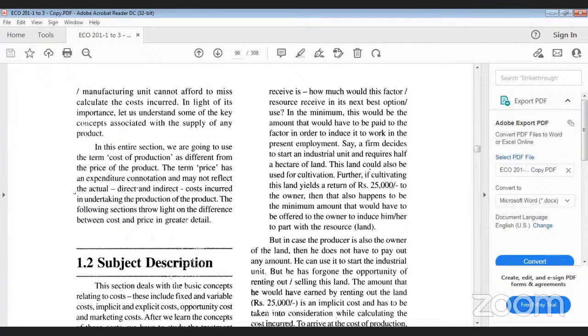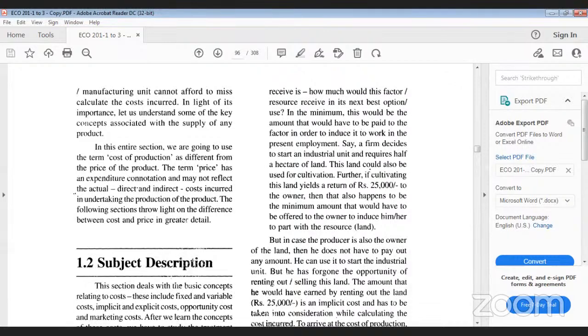The subject description: this section deals with the basic concepts relating to cost, and these include fixed and variable cost, implicit and explicit costs, opportunity cost and marketing cost.